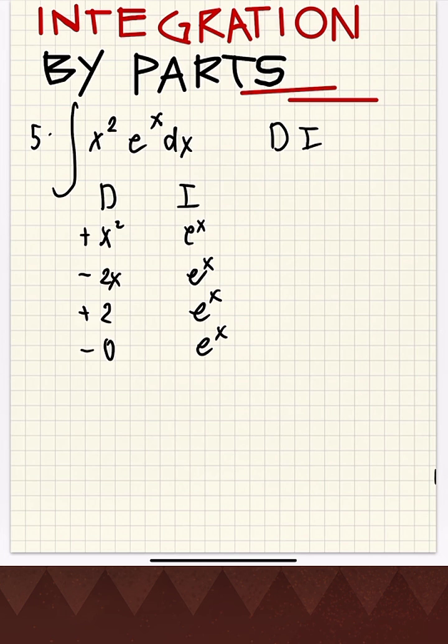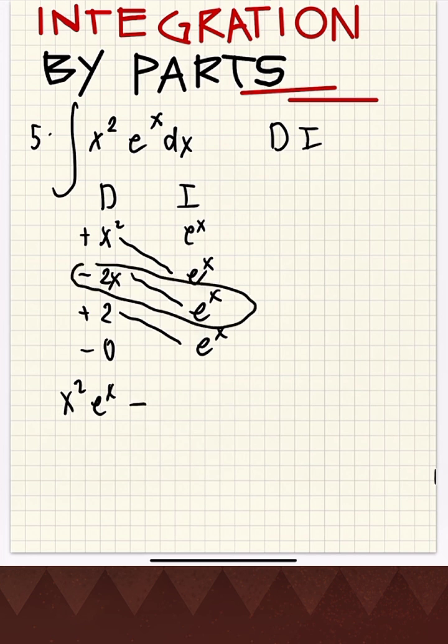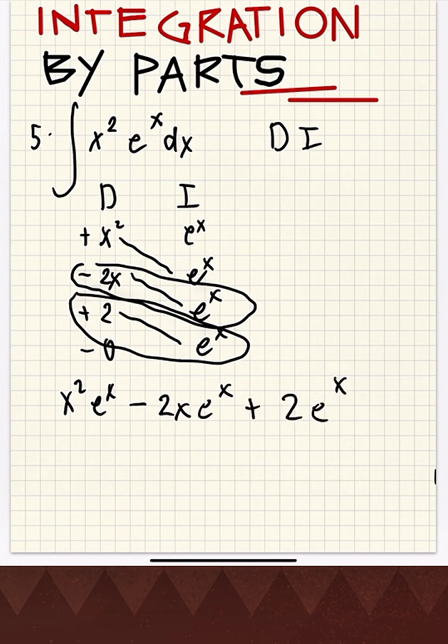Then multiply it diagonally, right? So x squared times e raised to x becomes x squared e raised to x, minus 2x e raised to x, plus 2 e raised to x, plus c.